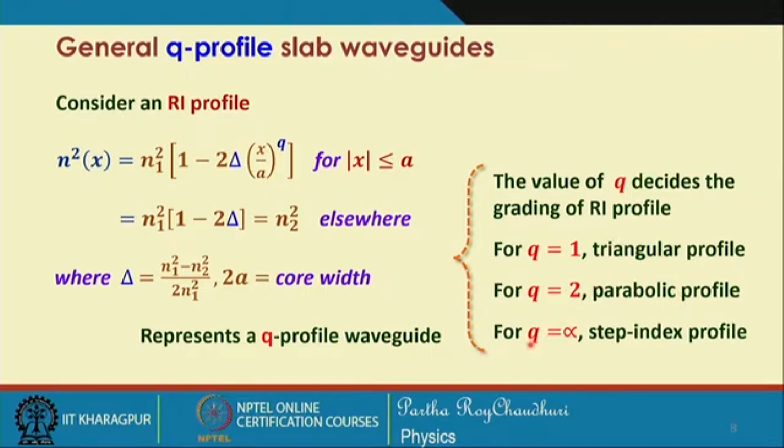For q equal to infinity, it becomes a step index profile, because this quantity to the power of infinity will represent 0 or 1, so you will get simply n 1 square and simply n 2 square. So, this expression is very useful while doing analysis for the modes of a given graded refractive index profile of the waveguide.